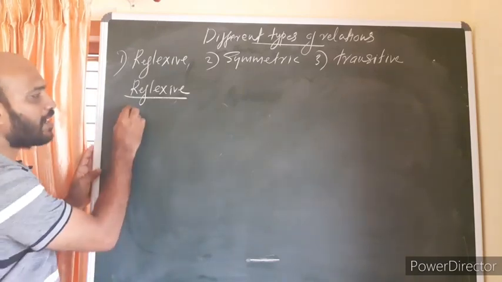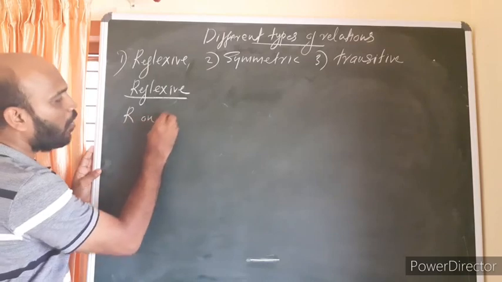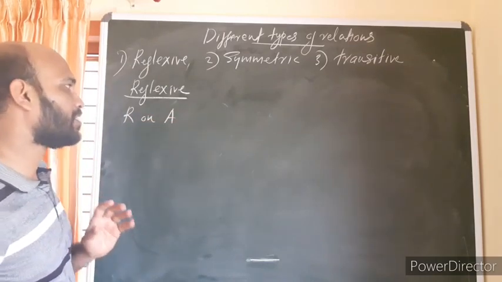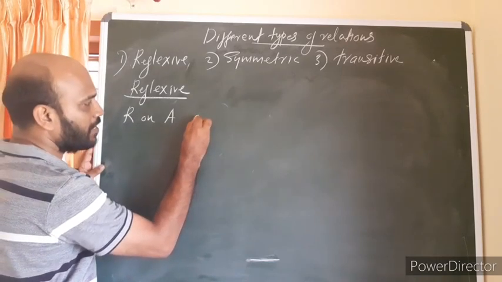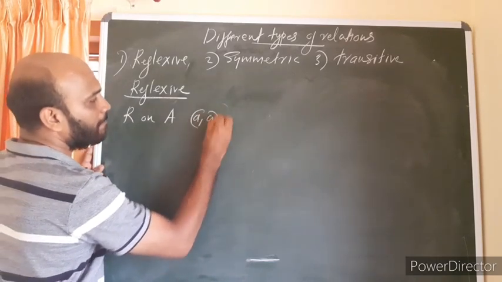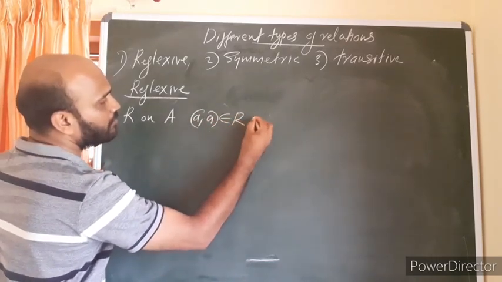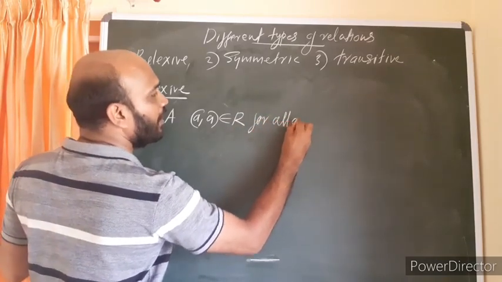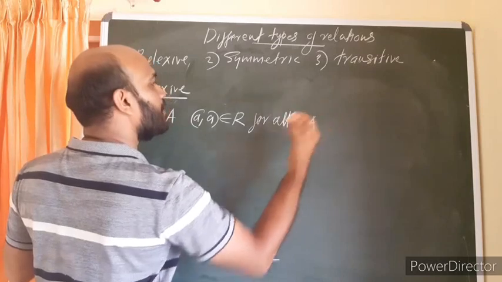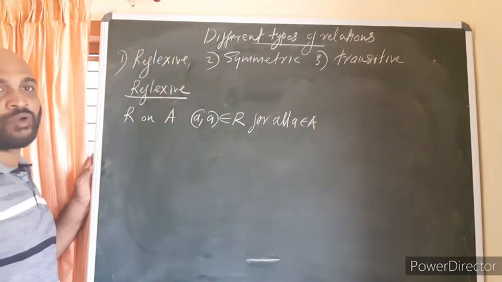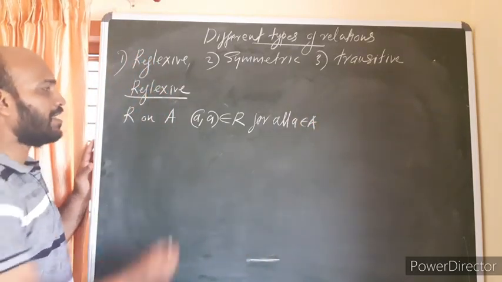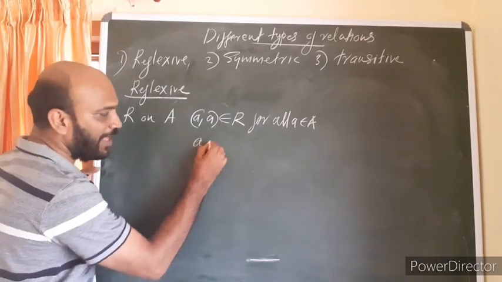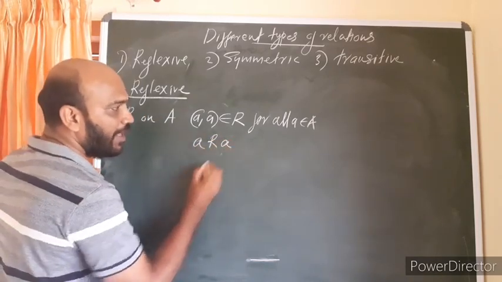A relation R on A, means from A to A, is said to be reflexive if (a, a) belongs to R for all a belongs to A. That means a relation R on A is said to be reflexive if a is related to a.